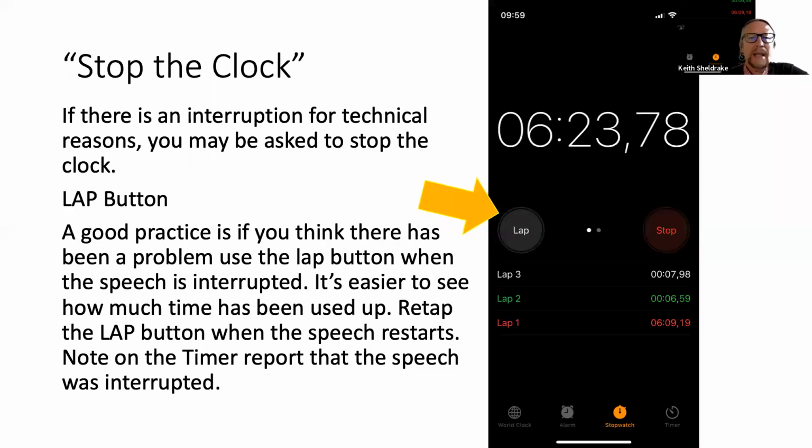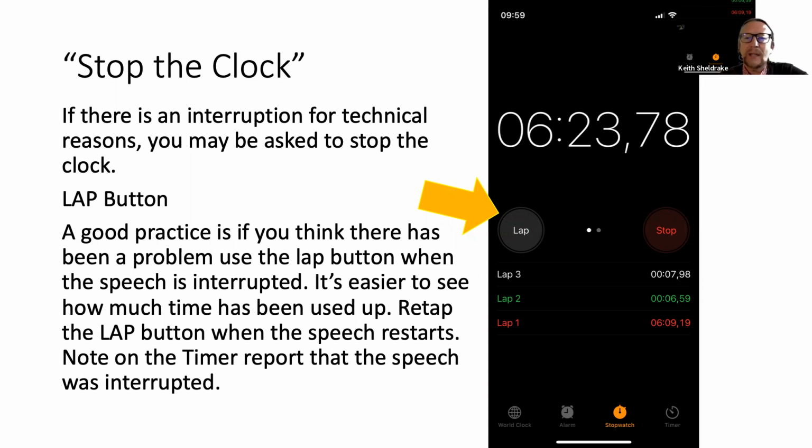Another issue that may occur with technology, there may be a time where you need to stop the clock. There's a problem with technology, people lose connection. My recommendation is you use the lap button.